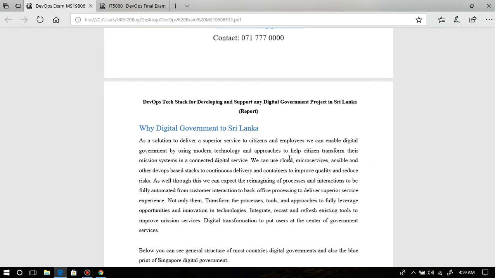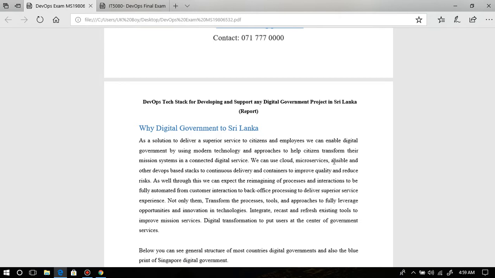Here I have mentioned the requirements. As a solution to deliver a superior service to citizens and employees, we can enable digital government by using modern technology and approaches to help citizens transform their mission system into a connected digital service.